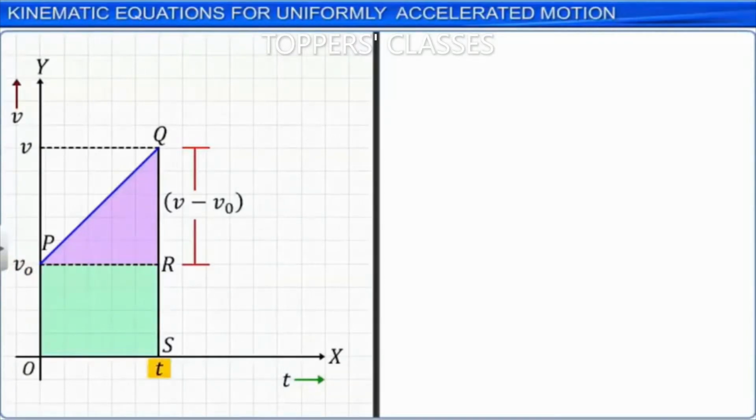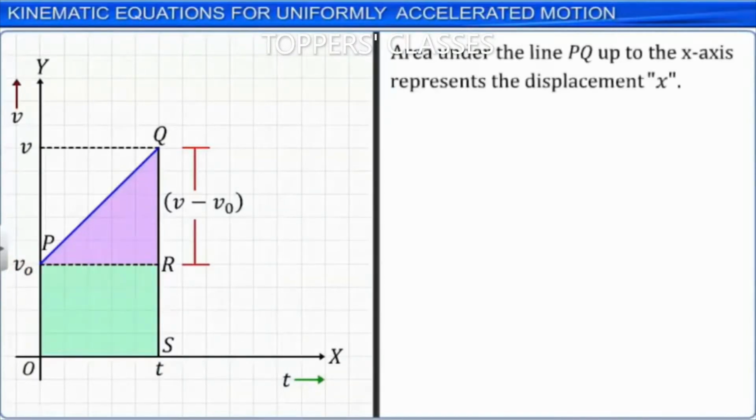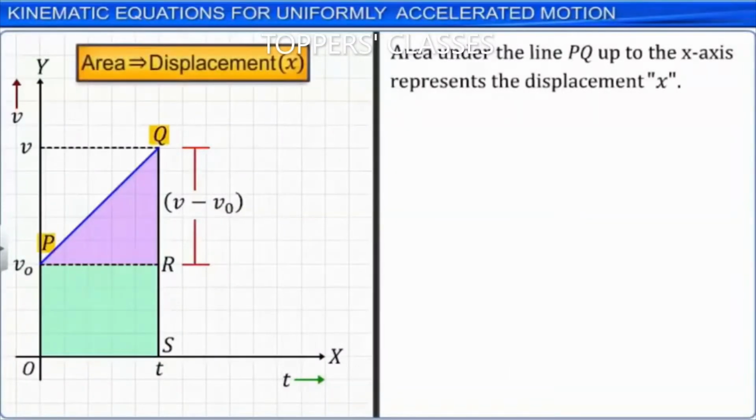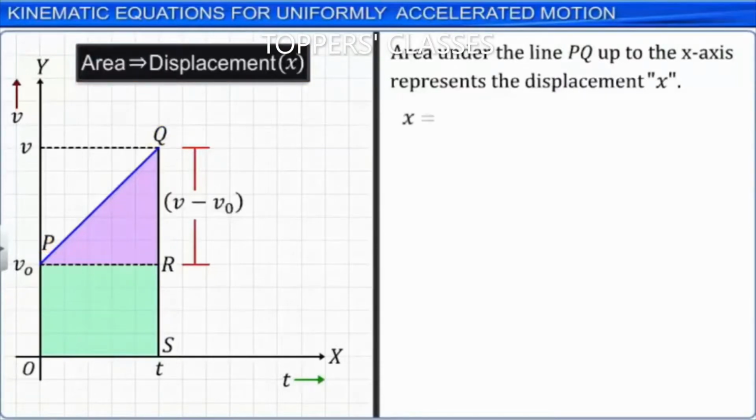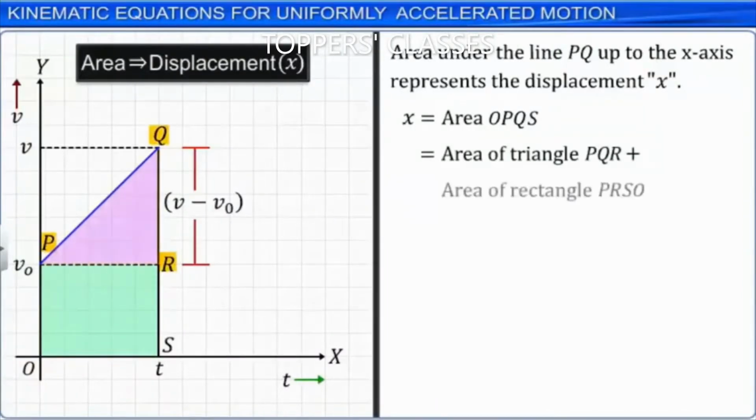Displacement x is represented by the area between the lines joining points O, P, Q, and S. This is equal to the sum of the areas formed by the triangle PQR and the rectangle PRSO. We get the value of x as half the product of t and the difference of v and v naught, plus the product of v naught and t.